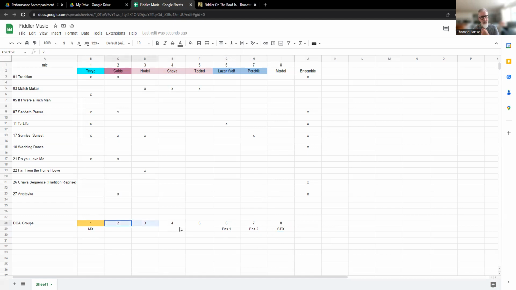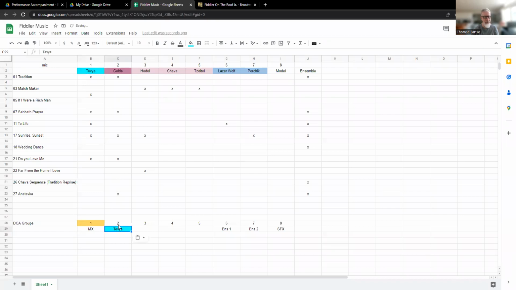That leaves us 4 groups left over to distribute the people that we have in here. Again, the objective on how we group them is that ideally, nobody should be in the same group that is singing together in the same number. Simply speaking, we're going to start out here with Tevye on 1.